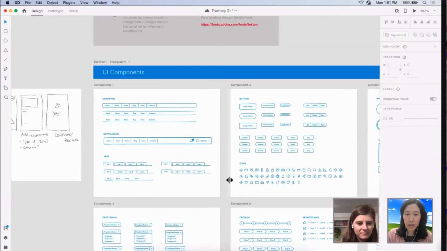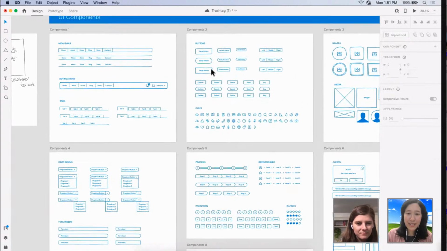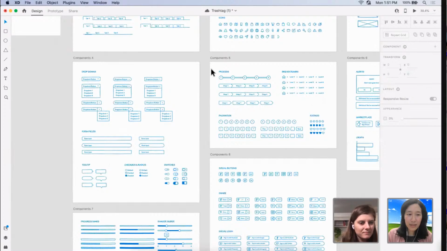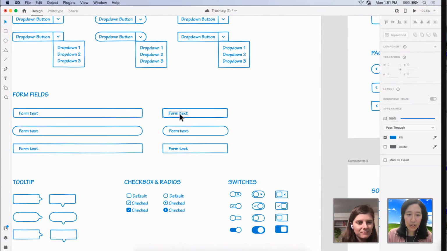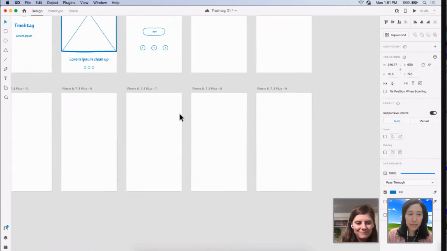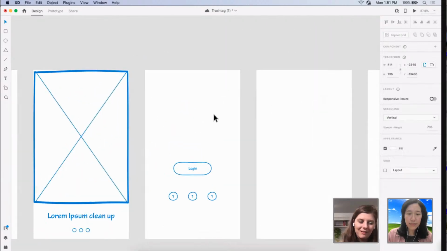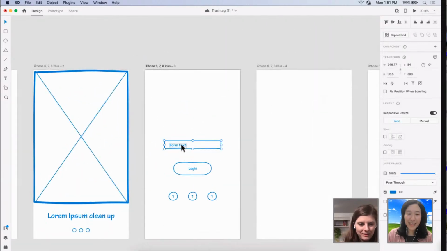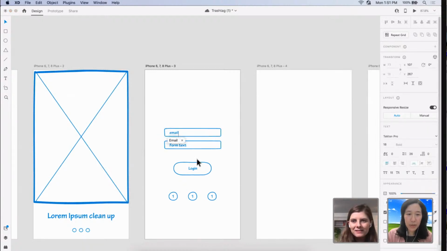And then those need some input fields. Looks like these ones work. So we are building out the login screen with some simple icons and some form input. This one might be email, this one might be password.